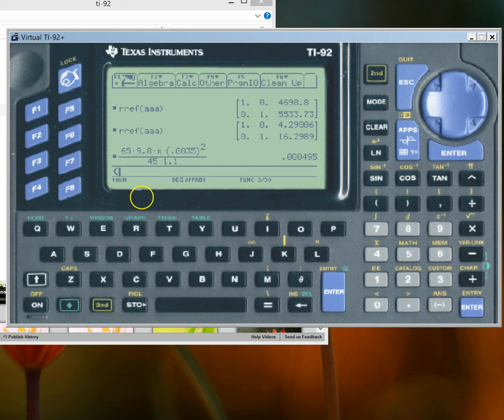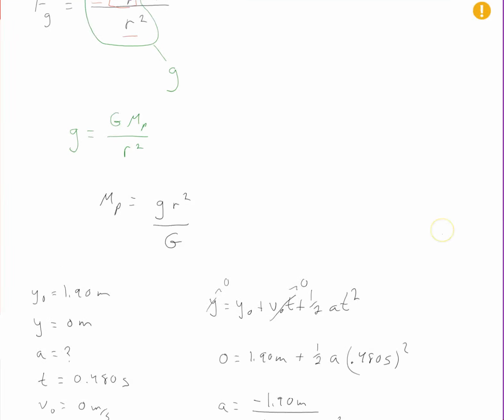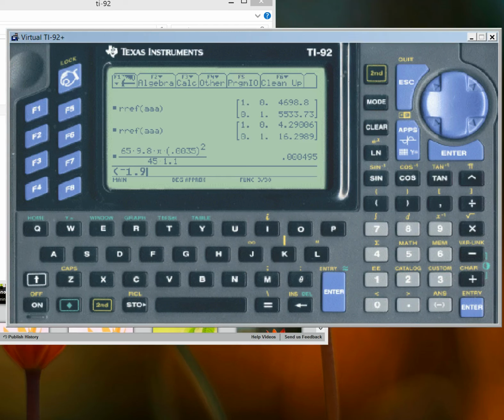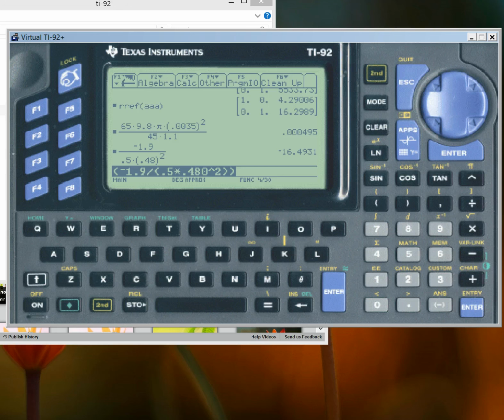Oops, that was negative 1.9. Okay, got the parentheses in the wrong place here. Don't need the first parenthesis, but I don't want to scroll all the way over there. And so we get 16.49.